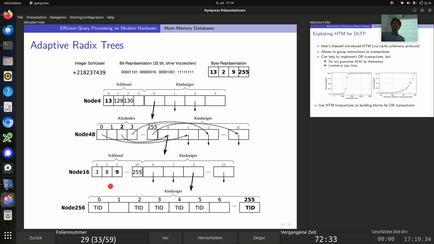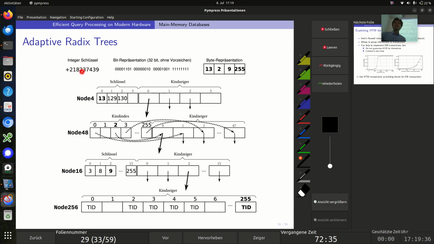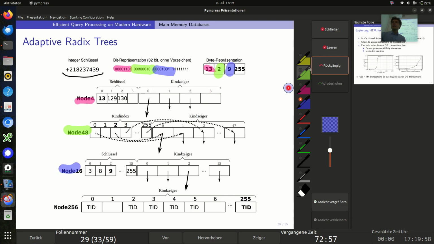Here you have the key as an integer. So we first have to transform it into its bit representation. So this is the first level, the second level, the third, and the fourth.